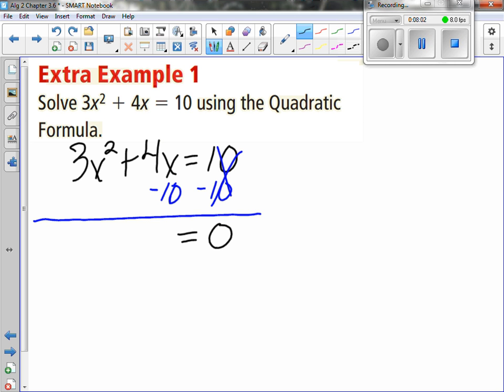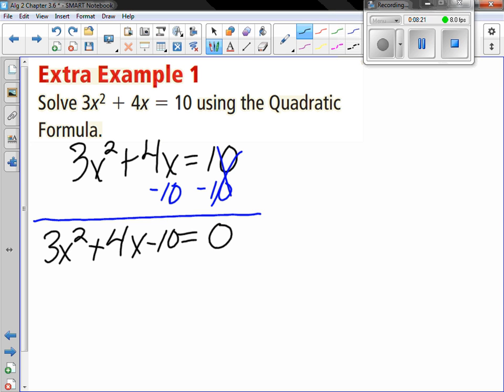Now, none of these are like terms. 10 is not a like term to x squared or x. So we just have 3x squared plus 4x minus 10. So now it's equal to 0, yes?